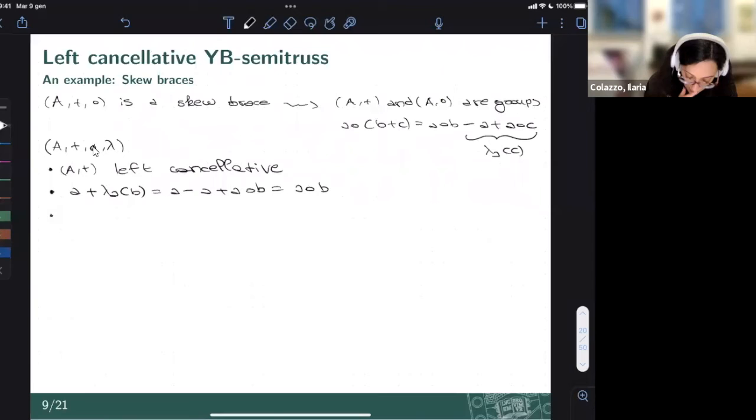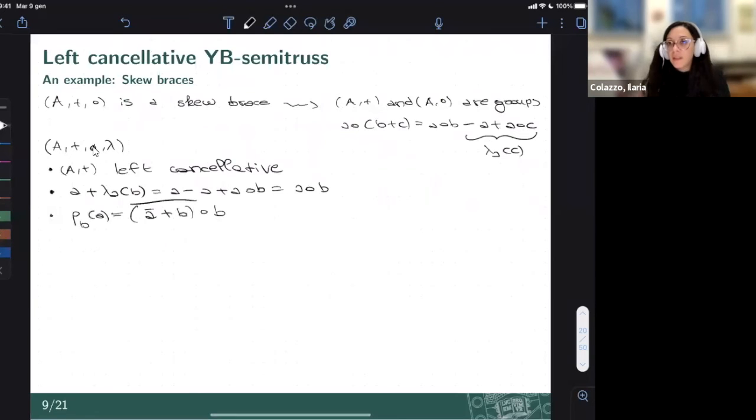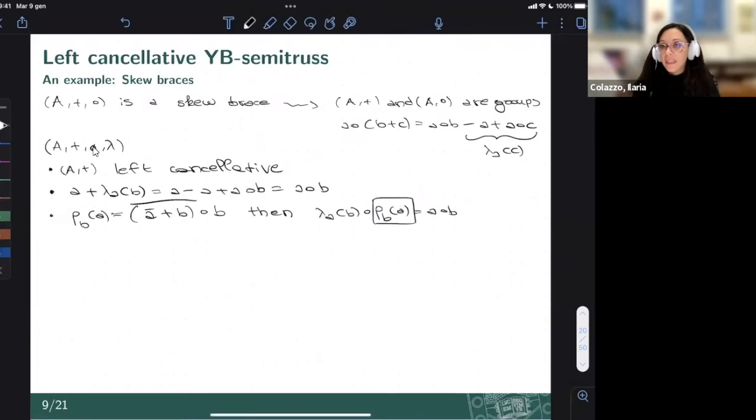And then if we recall that inside the skew brace, we put rho_B of A equal to this one, which is a way to write the second component of the solution associated to a skew brace, where the bar just means that I take the inverse of the element inside the group A circle, then lambda_A of B circle rho_B of A, one can prove, is equal to A circle B. So this is actually our X that we need inside the definition.